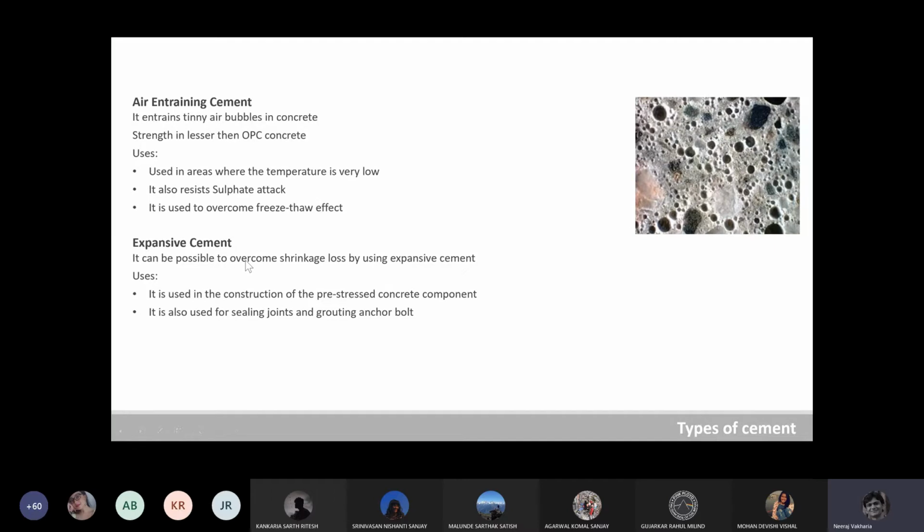Then comes expansive cement. In the hydration process, the expansion of cement increases its volume, and it is possible to overcome shrinkage loss by using expansive cement. So it is used in the construction of pre-stressed concrete components.